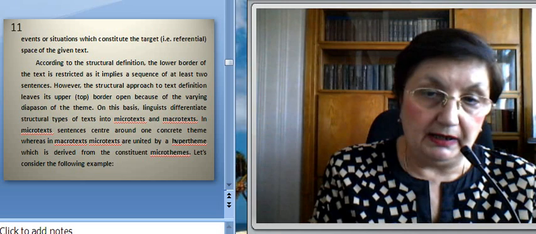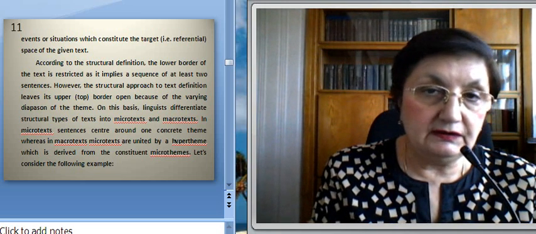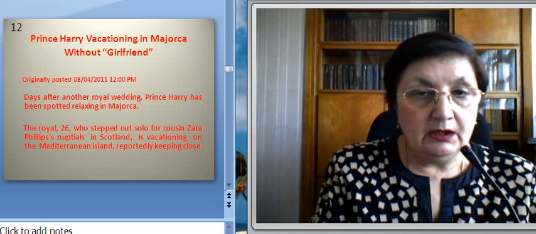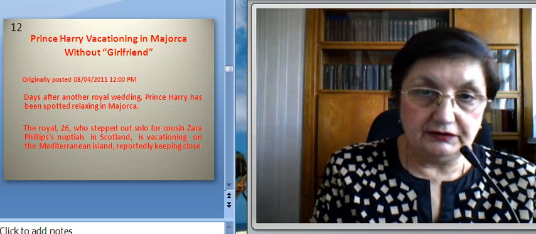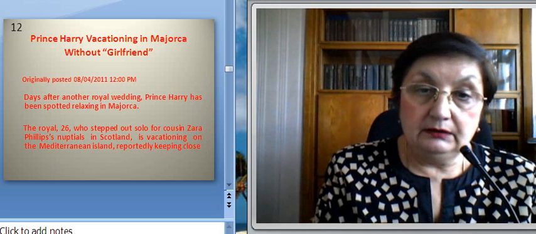Prince Harry vacationing in Mallorca without girlfriend. Days after another royal wedding, Prince Harry has been spotted relaxing in Mallorca.